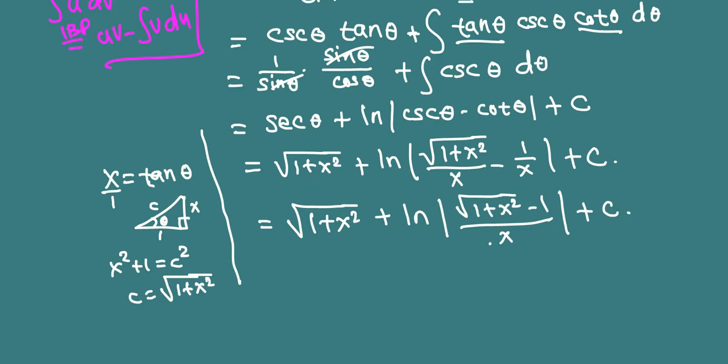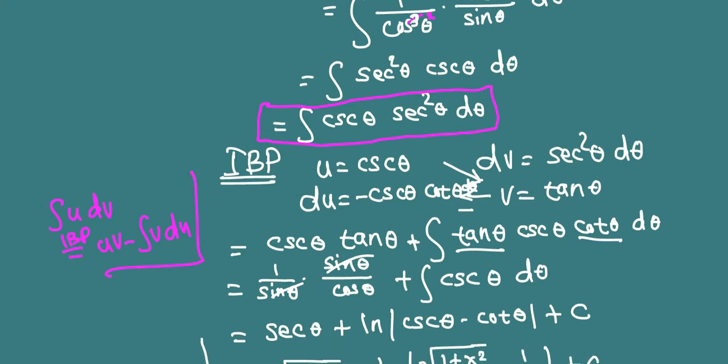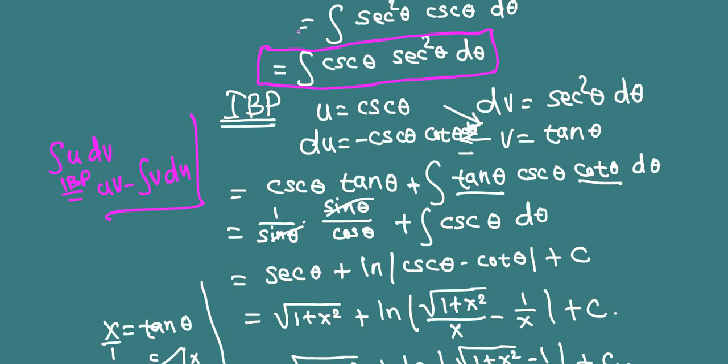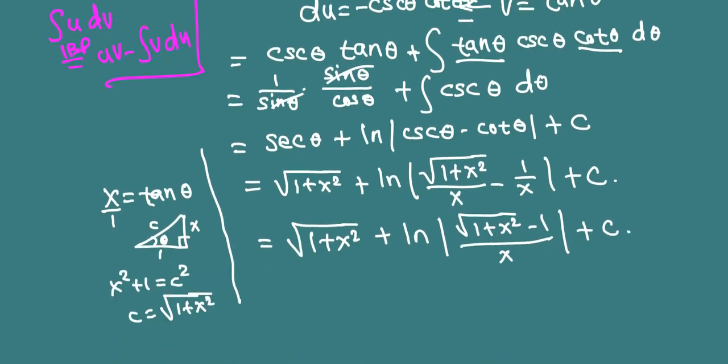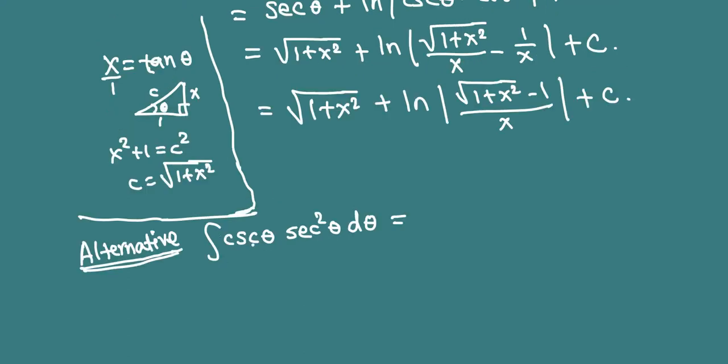As I told you, the integration of cosecant times secant squared can be done without using integration by parts. Let me do it anyway, but that involves a lot of trigonometry. The integral of cosecant times secant squared d theta: we can write secant squared as 1 plus tangent squared.